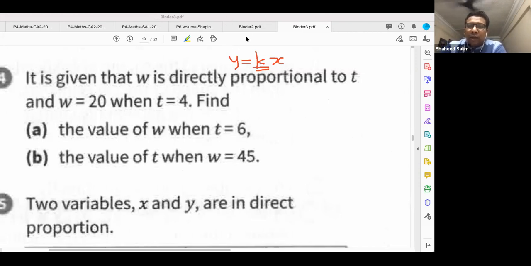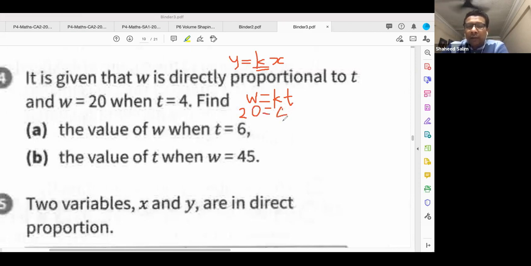We have 3 minutes left, so I'll just show you this and then we do one more question. You let y be w. You replace the y with w equals kt, let's say. So now they give you the value of w is 20. Put 20 here. What's the value of t? Value of t is 4.